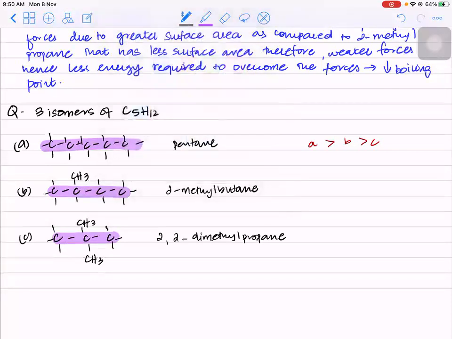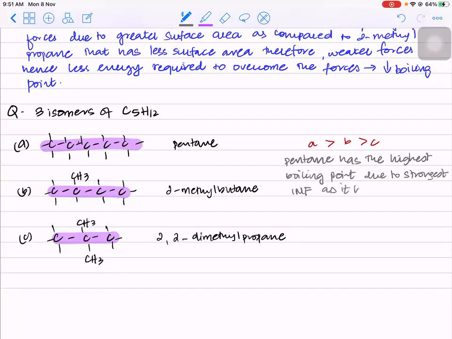Clear? So pentane has the highest boiling point due to strongest intermolecular forces. And why does it have the strongest intermolecular forces? As it has greatest surface area. Yes? Clear? And C will have the least boiling point.